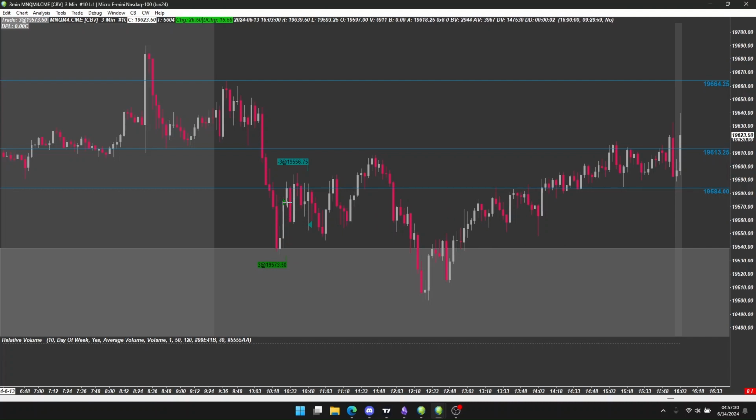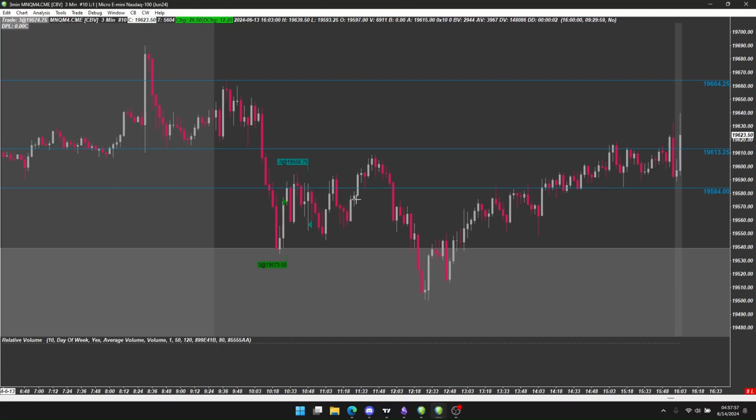So this is the entry. This is where I moved my stop after price broke above this level here. One thing I could have done better here is wait for price to break this high instead of just waiting for it to break the level. Yeah, I'd say that would be a better decision.